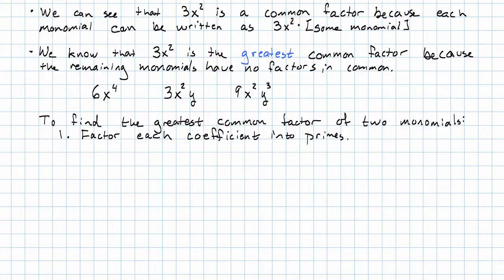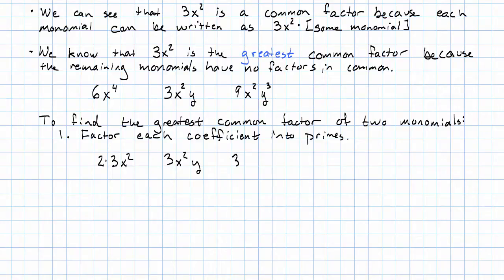First, we're going to take each coefficient and factor it into primes, so that the factors of the coefficients are as easy to see as the factors of the variable parts. So 6, that's going to be 2 times 3. 3 is already prime, we don't need to do anything with that.